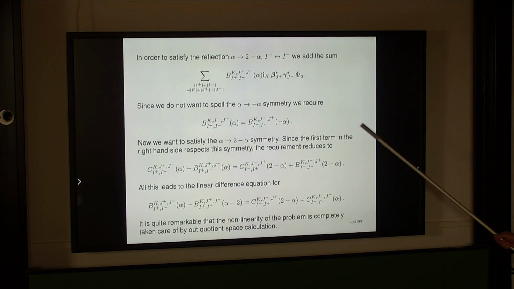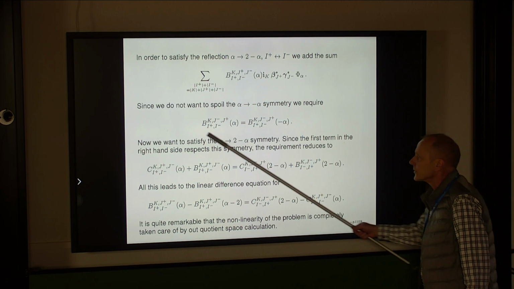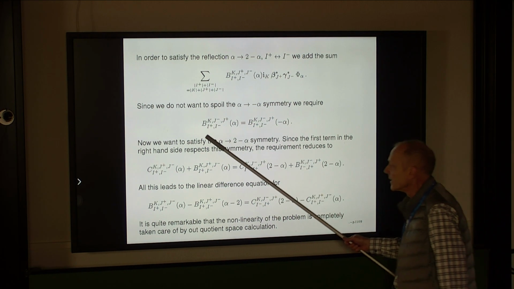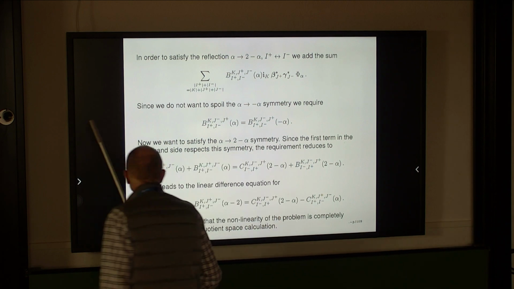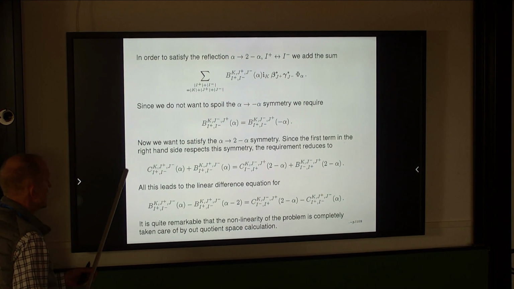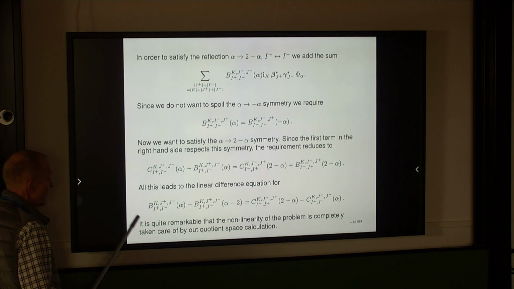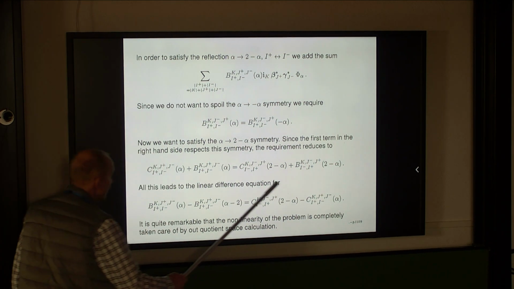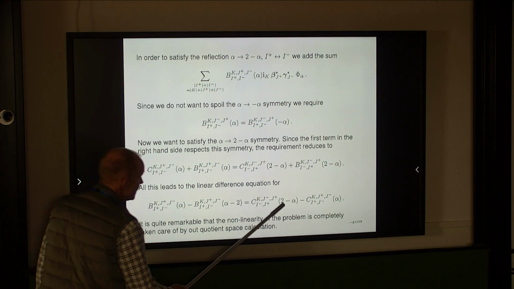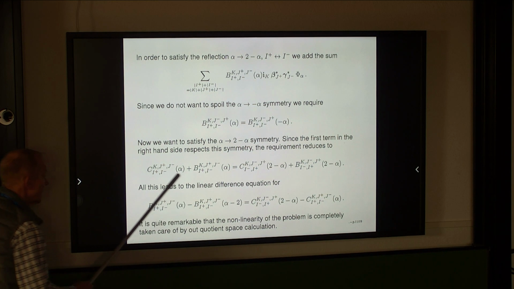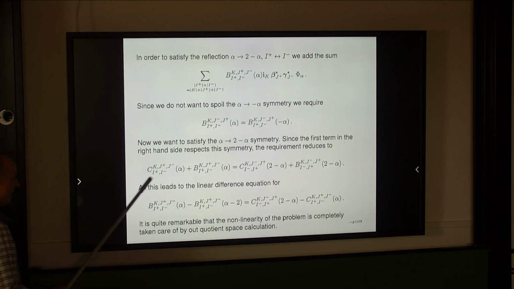I don't want to spoil the first reflection, alpha to minus alpha, and that's why this must satisfy this symmetry. But then I require the symmetry alpha to 2 minus alpha, and it eventually gives me the following equation. These guys are known, so this is a linear difference equation for this coefficient b.